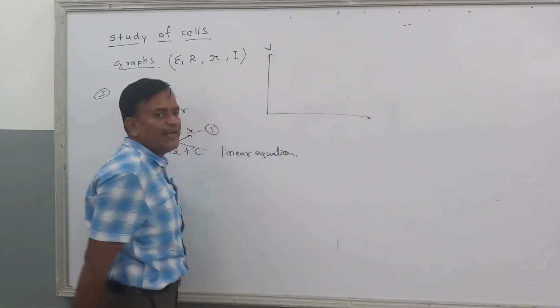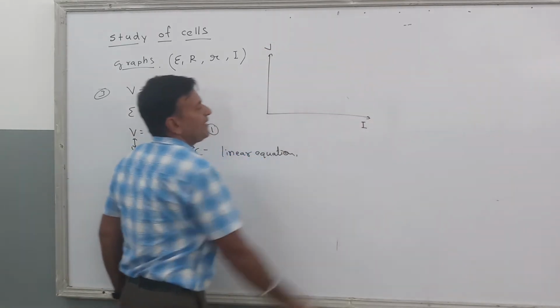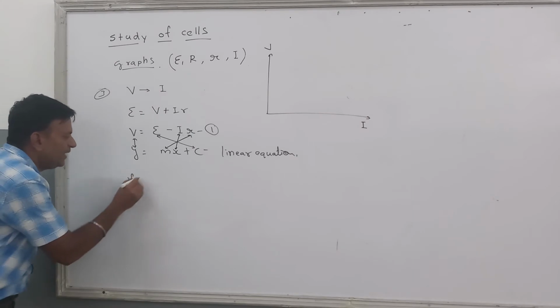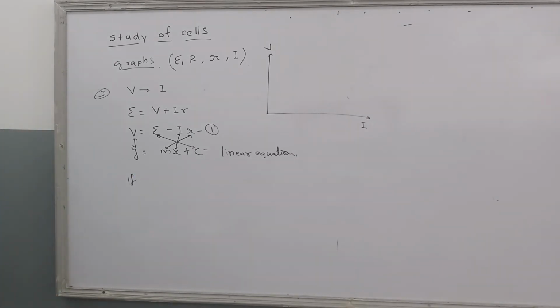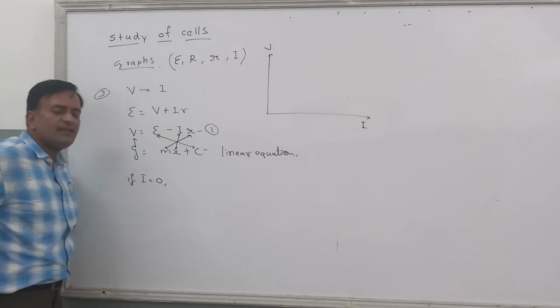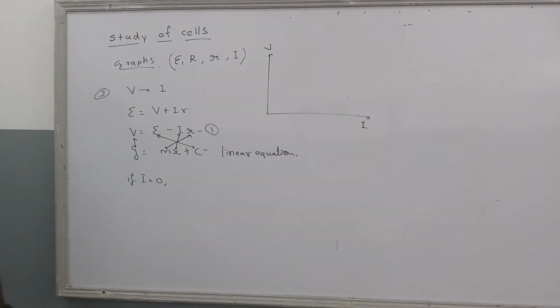This is V on the y-axis. This is current I drawn on the x-axis. Again looking for possibilities. If I equals 0, that means current in the circuit is equal to 0. In this equation, put I equals 0.